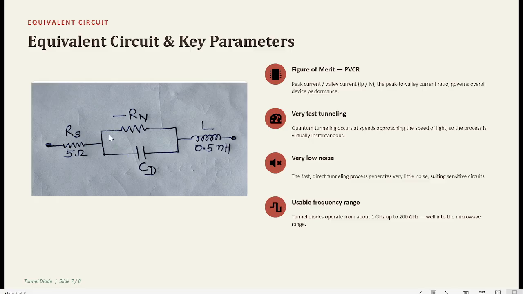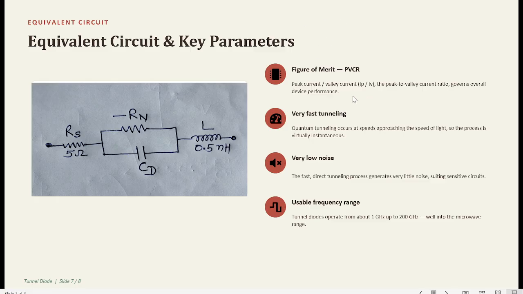So this parallel combination is in series with two other components: the lead inductance L, which is due to the package and lead wire inductance, and a small series resistance of the order of 5 ohms, which is actually the ohmic resistance of the semiconductor material, and also due to the metallic leads. So these are the components which will decide the high frequency applications of the tunnel diode.